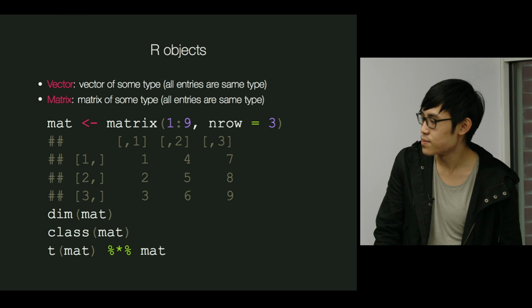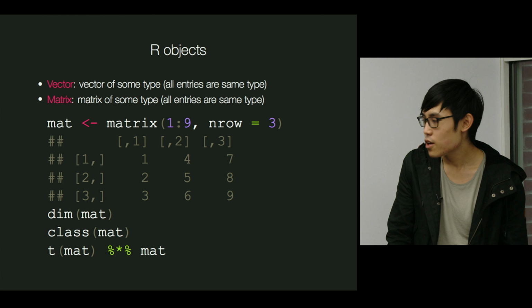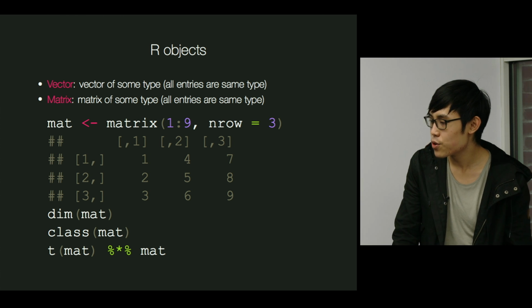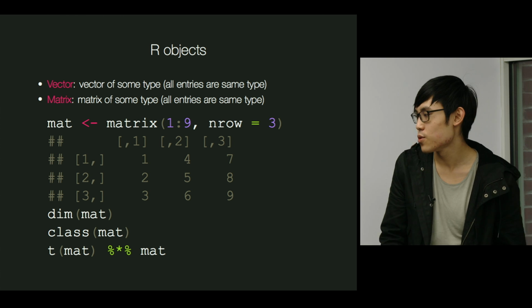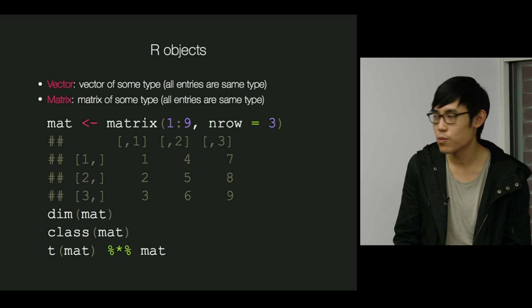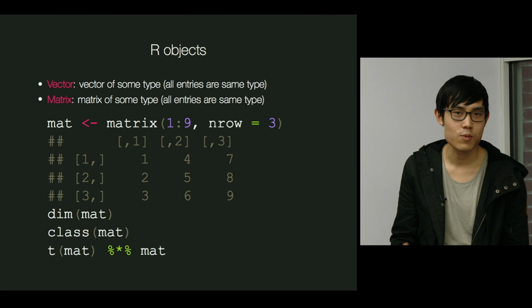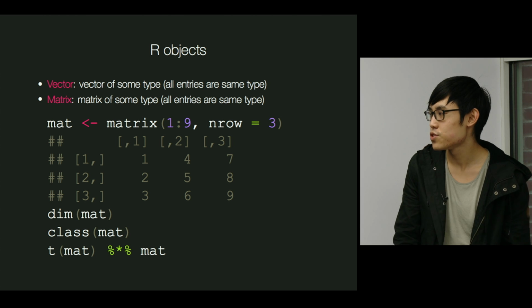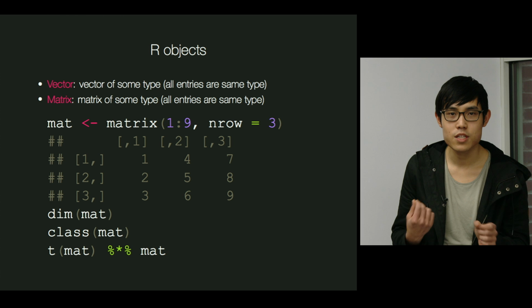And here is just showing matrix multiplication. So usually if you just do asterisk, so mat asterisk mat, this is going to be a component-wise operation, or what's called the Hadamard product. So it's going to do each element component-wise.